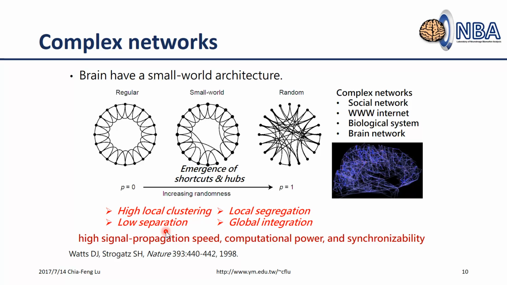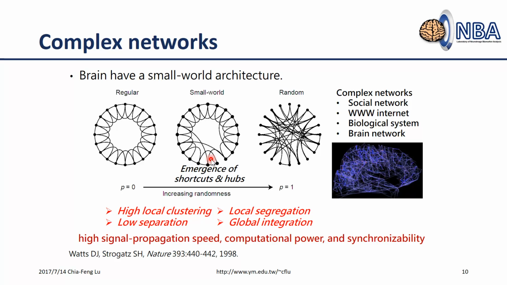So that is why we still have low separation within our brain. Our brain has a very good structure: very strong local segregation, but sometimes long distance connections.